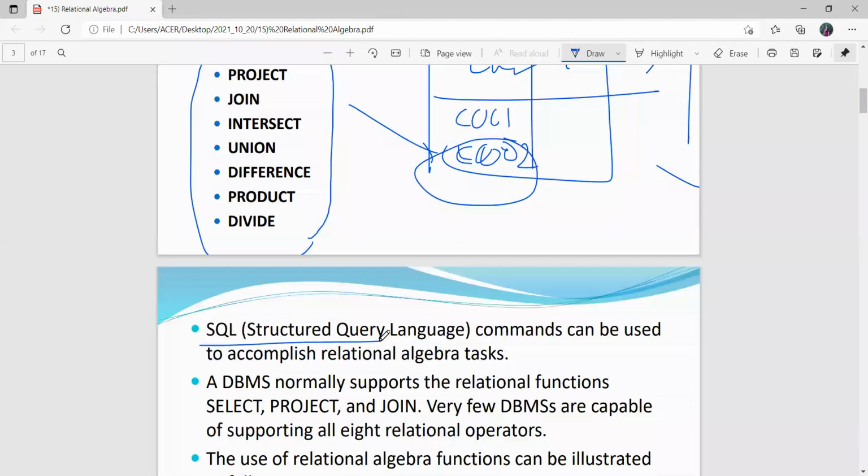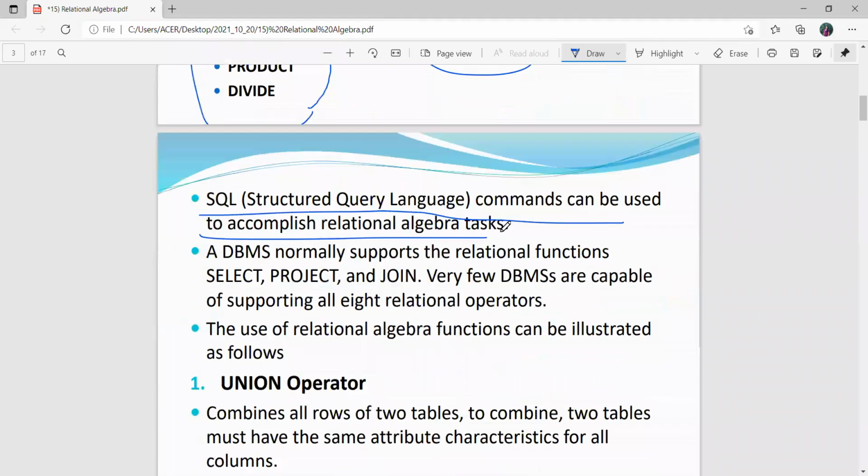So the SQL commands can be used to accomplish the relational algebraic tasks. These are going to be discussed after we learn about SQL, that means after the lesson 14.